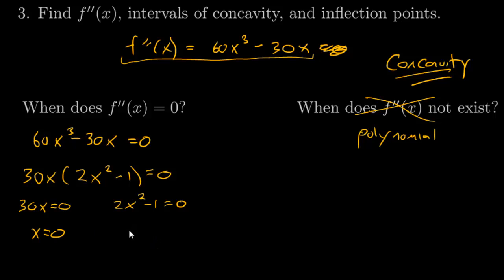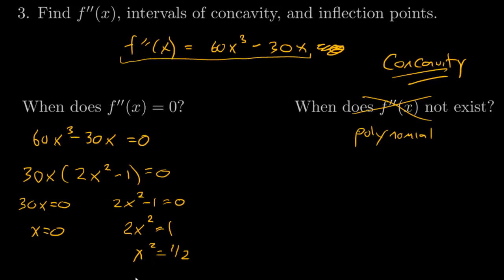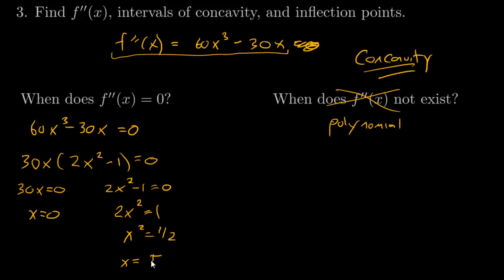So x equals 0, 2x squared equals 1, x squared equals a half. So x is going to equal plus or minus the square root of a half, which is roughly plus or minus 0.7.